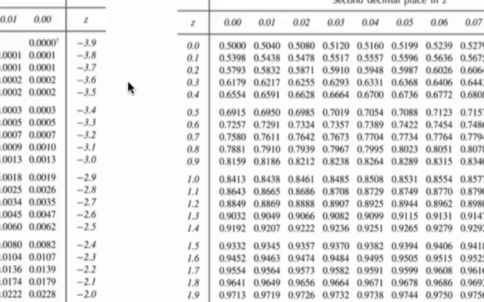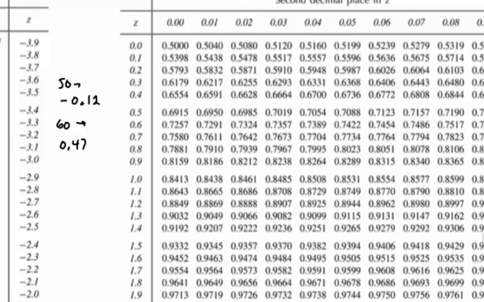Okay, so for 50, what was the z-score for 50? Negative 0.12. Did we get the area? Yes. And then for 60, the z-score was 0.47. Cool. All right. So do we have our areas that we need?